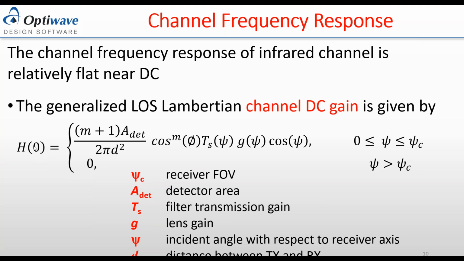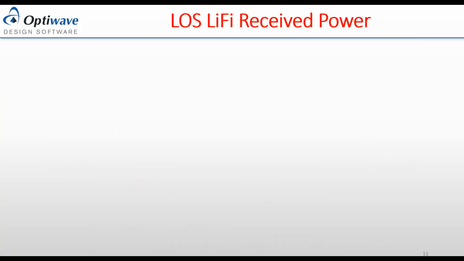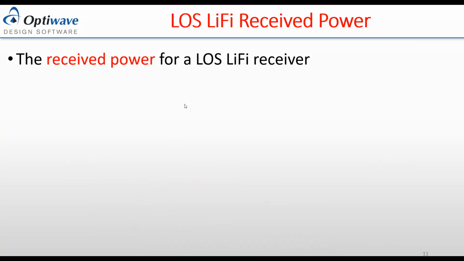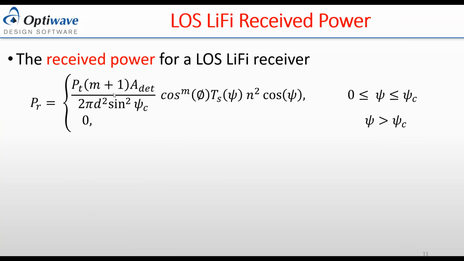Now we replace here, this is the frequency response at 0, because we are talking about the DC gain in this equation. Once you apply this equation to the equation we put before about the radiance and received power, you would be able to characterize the received power of a line of sight channel using this formula here, which depends on the transmitter average power and the other parameters: the filter characteristics, the gain of the lens, which depends on the refractive index and the distance, and the area of the receiver.